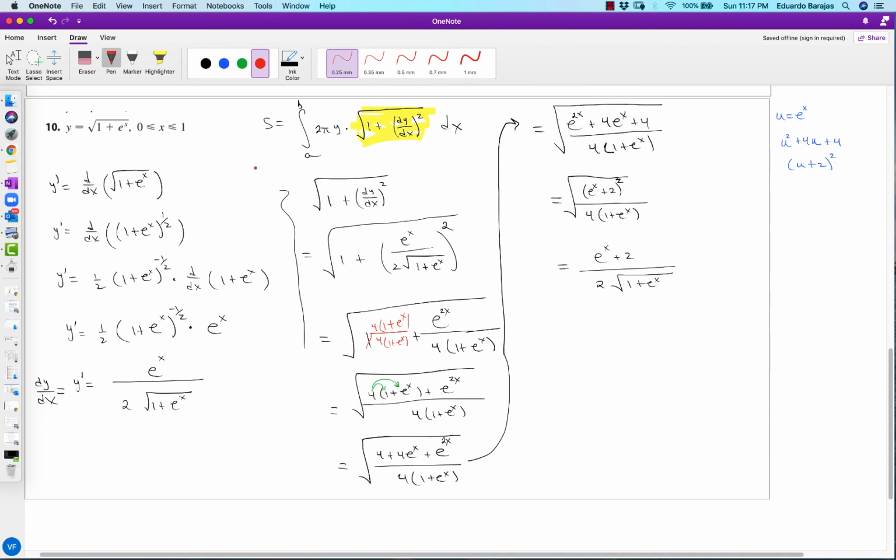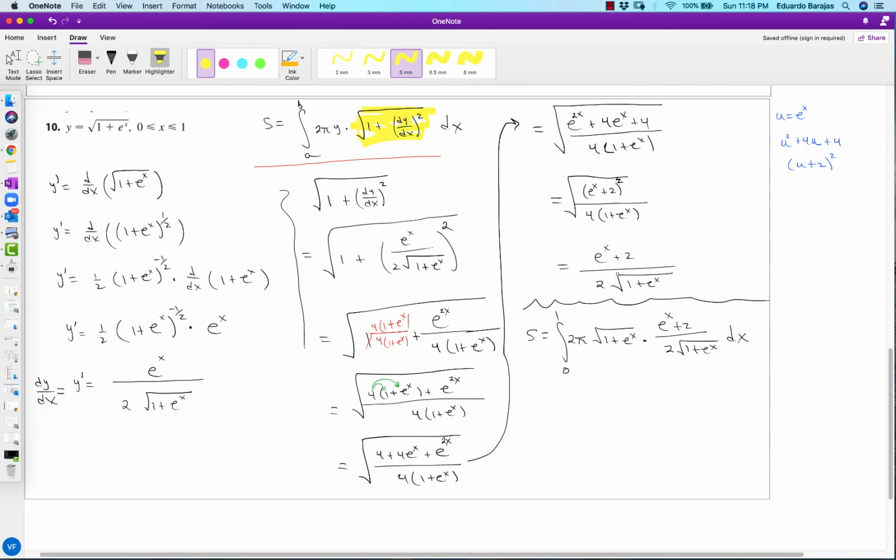So now taking the integral, I already have this part. All I have to do is multiply it times y, which is this equation, times 2 pi. So s is equal to the integral from a to b, which is from 0 to 1, of 2 pi times y, which is this equation, square root of 1 plus e to the x, times this, which we just established is this, e to the x plus 2 divided by 2 square root of 1 plus e to the x, dx.